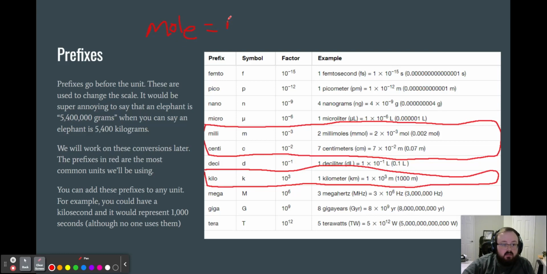But it is defined by MOL. That is its symbol. They just cut out the E. So a millimole would be represented by the lowercase m and the mole by the MOL, and you get a millimole, which you can see here.